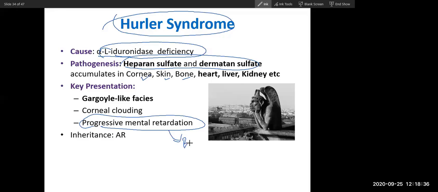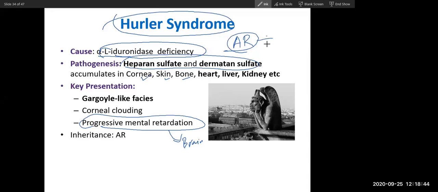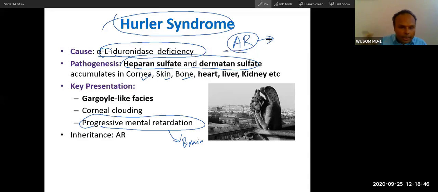Doctor, is it common in female or male? This is autosomal recessive, so it will be present in both sexes. There will not be sex differentiation.